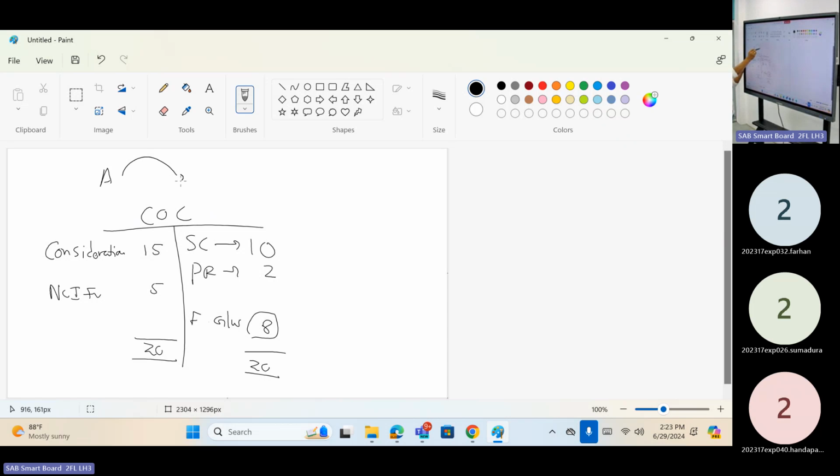A acquires B, 80%. A is supposed to prepare consolidated financial statements. Once A is preparing consolidated financial statements, A is considered the parent and B the subsidiary. Let's say we have cash.